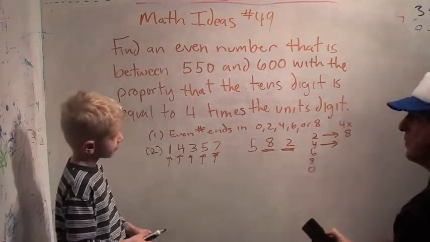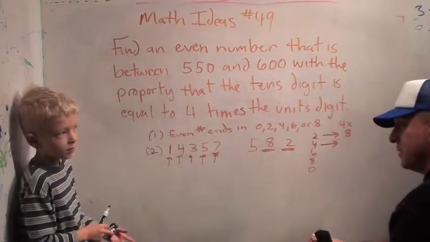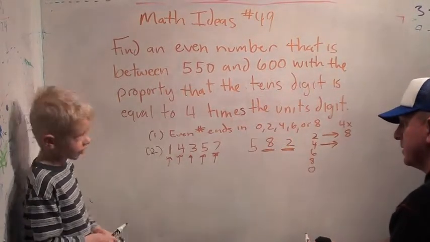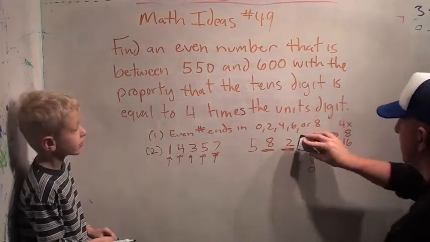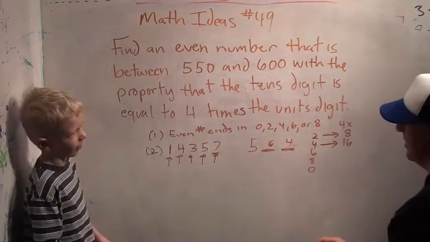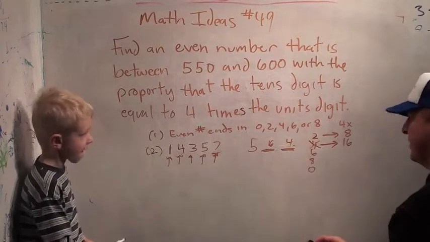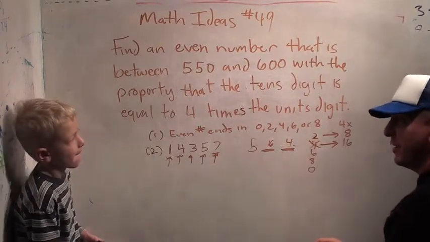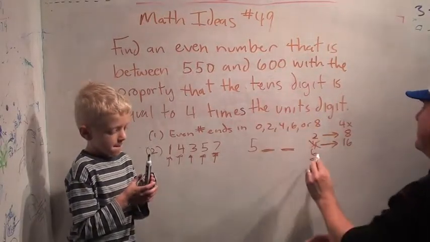What's 4 times 4? 16. Now can 16 be a digit? Can we have 5, 16, 4? Is that a number? No, that's not a number. So this doesn't work. Okay, so what about 6?